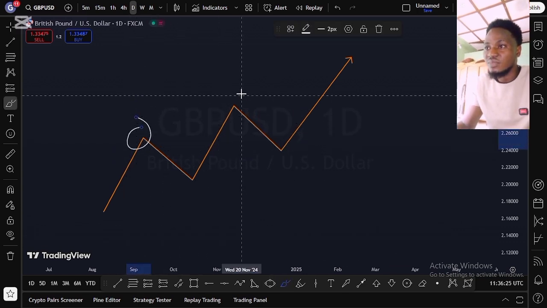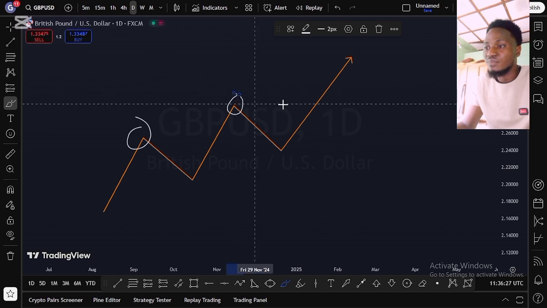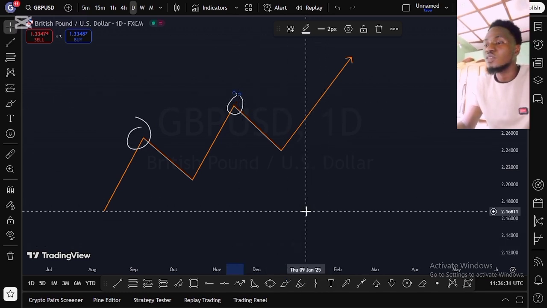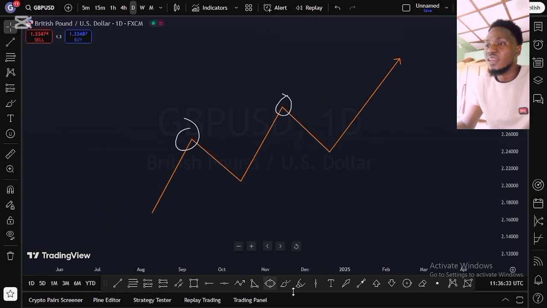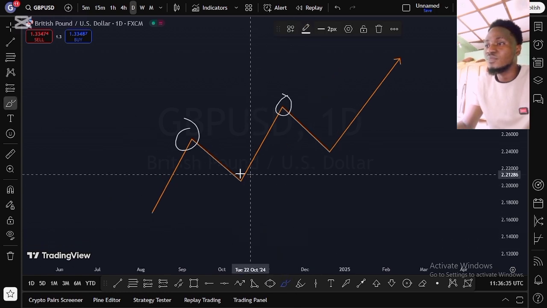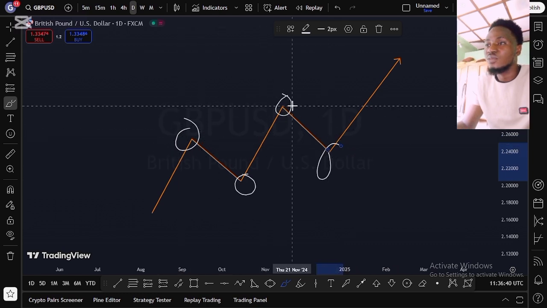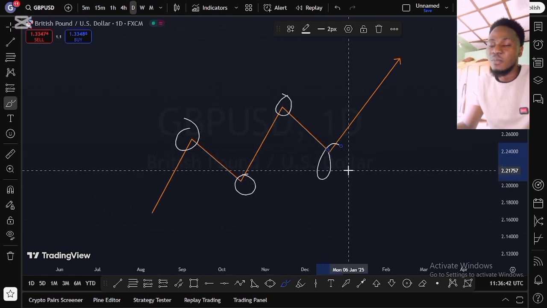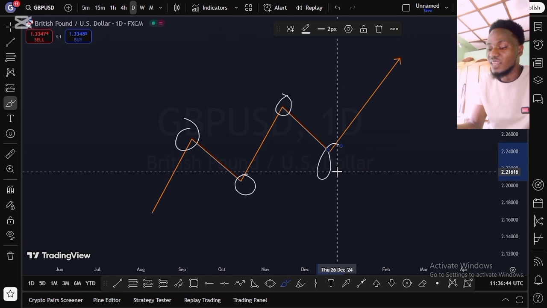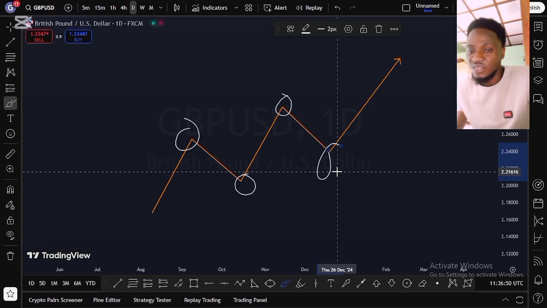As this market keeps moving up, it keeps taking out all these other structures. And these are the higher lows. So the characteristic of higher highs is higher lows. This is a higher low. So what is a bullish market? A bullish market is a market that's creating higher highs and higher lows, period. You don't need to make it complex.